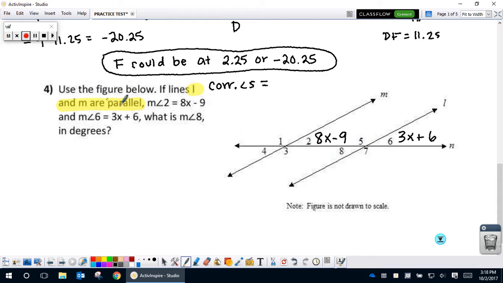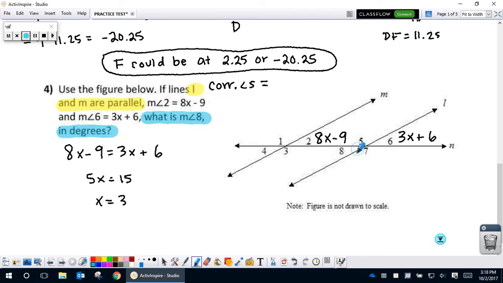So, because our lines are parallel, our corresponding angles are equal. Angle 2 and angle 6 are corresponding, so they're equal. Okay, if you solve this, we get 5x equals 15, so x is 3. And hopefully you've noticed that the question says, what's the measure of angle 8?